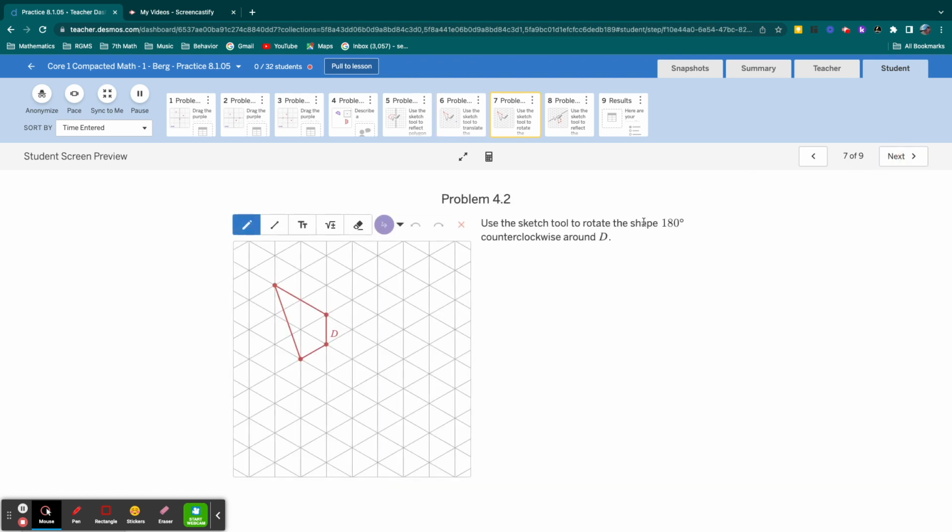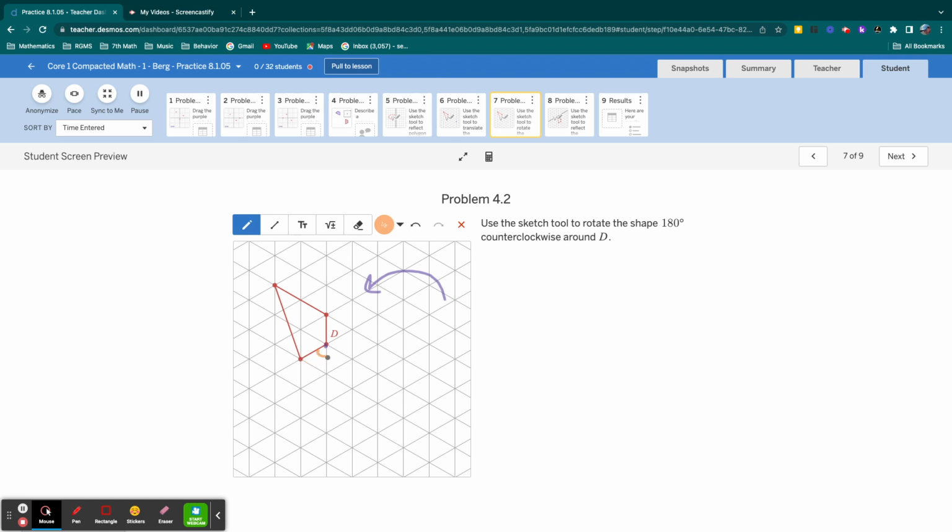This one we're using a rotation 180 degrees clockwise or counterclockwise. Well, counterclockwise is this direction. Around point D means around this point right here. So the way you need to look at this line segment right here, if it moves this much, that's 60 degrees because that's 1/3 of this equilateral triangle's 180 degrees.